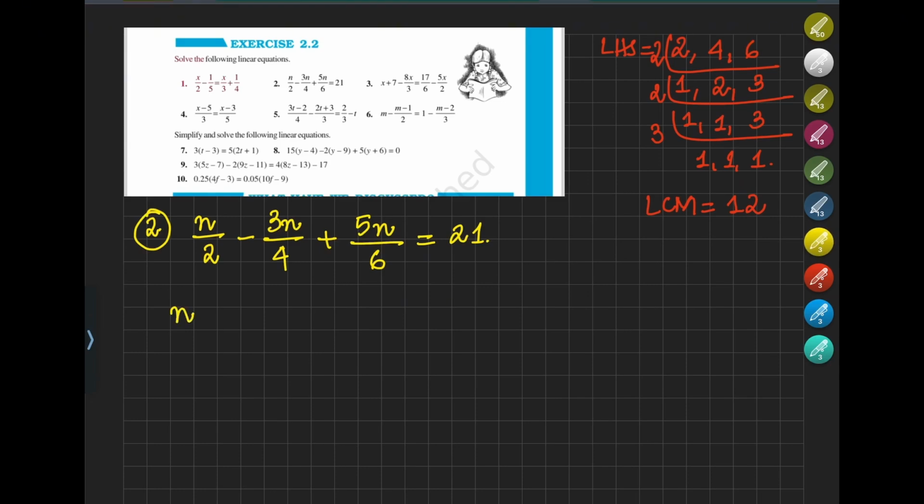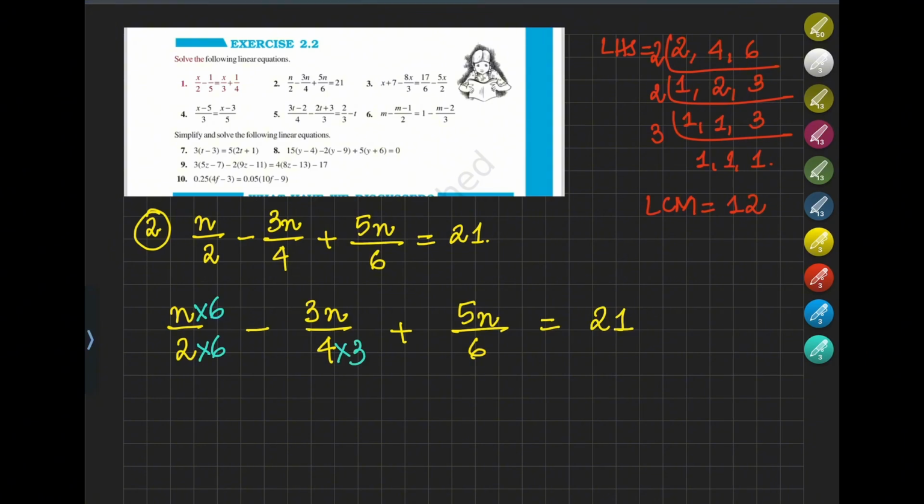So let's write n by 2 minus 3n by 4 plus 5n by 6 is equal to 21. To make the denominator 12, I'll multiply this with 6, this also with 6.